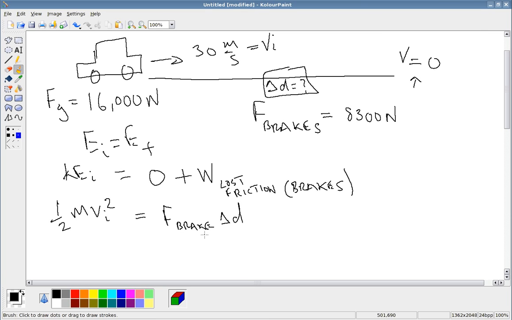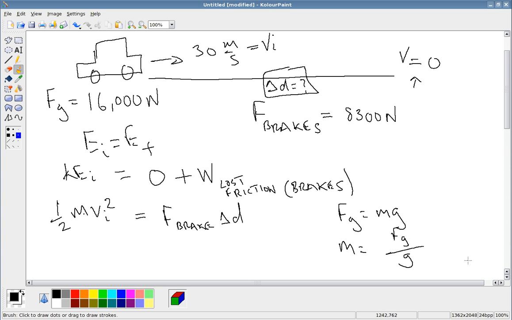So we can solve everything in this equation algebraically for delta D. The only thing we really don't know is m, but we know it indirectly because we have the force of gravity. So let's do that first. What is m? Well, the force of gravity is equal to mg. So therefore m is going to equal the force of gravity divided by g.